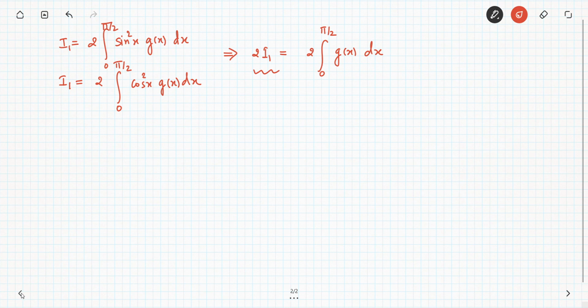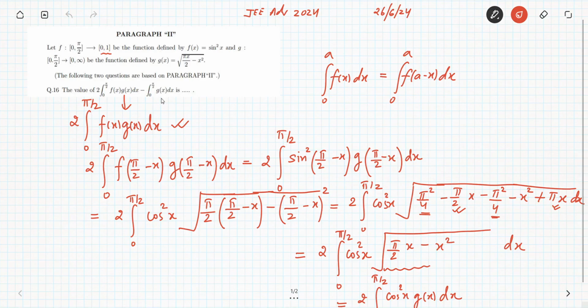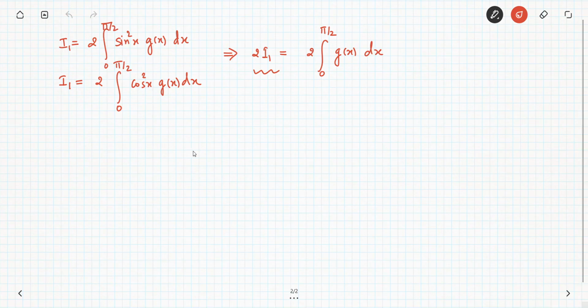Now from it I have to subtract this term 0 to pi by 2 g of x dx. So what I need to do, twice of 0 to pi by 2 g of x dx minus 0 to pi by 2 g of x dx.